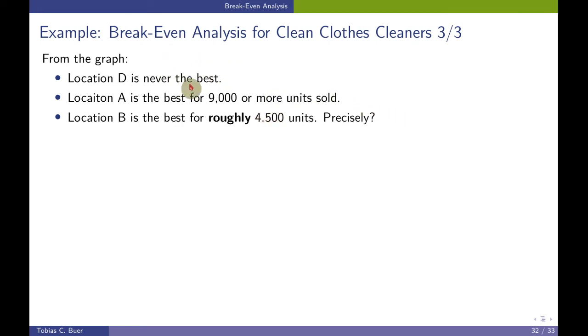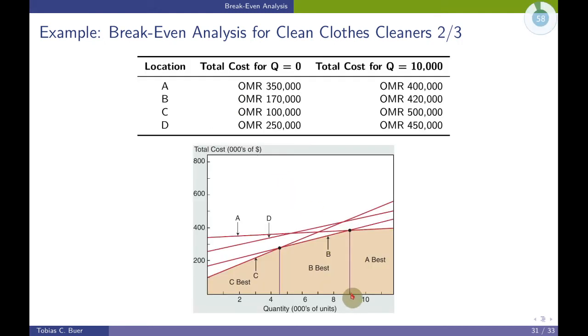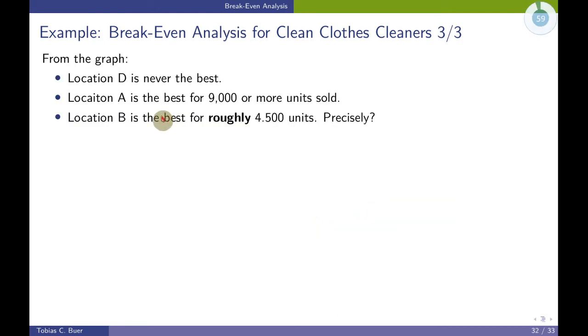To sum up, location D is never the best. Location A is the best when we sell more than 9,000. We can see this 9,000 from the drawing. And location B is the best when we sell less than 9,000 and roughly more than 4,500 units.